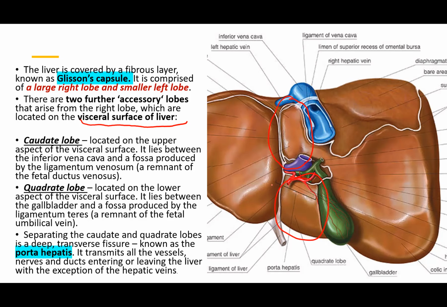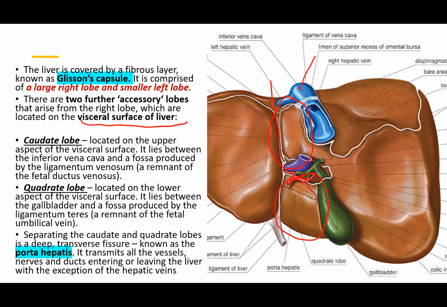The caudate lobe is located in the upper aspect of the visceral surface, lying in between the inferior vena cava, this is the inferior vena cava, and a fossa produced by the ligamentum venosum.